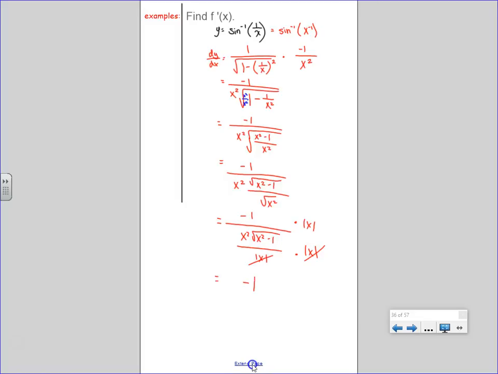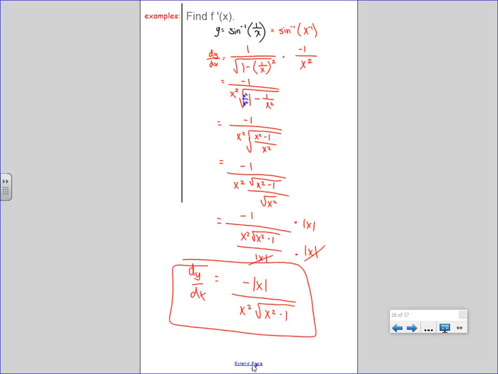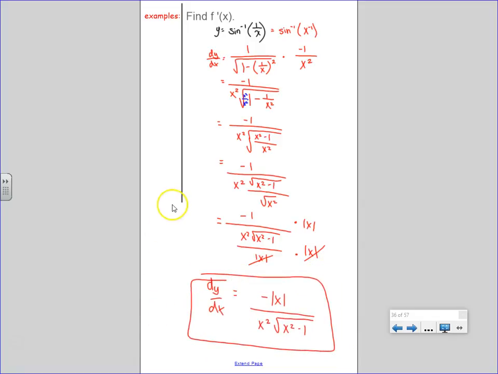We end up with negative absolute value of x all over, yeah, it's gross. It doesn't look a lot different than what I did a second ago. If you have to make it match, we need to see what would be waiting for us in multiple choice answers.